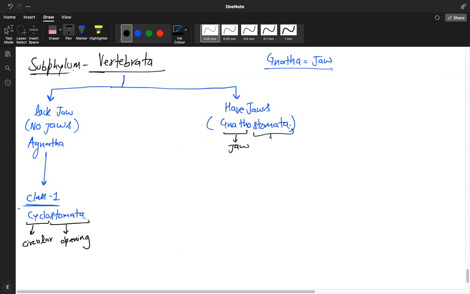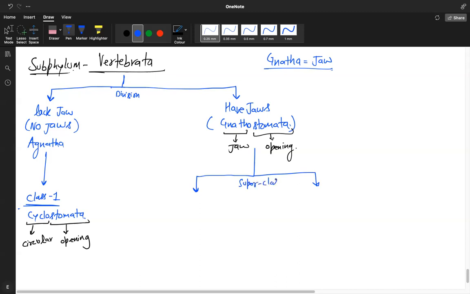Is it clear? Yes. And they are then divided further into two categories. So this is the complexity. Because this is class 1, here they use the word division, and this other opening is called super class.